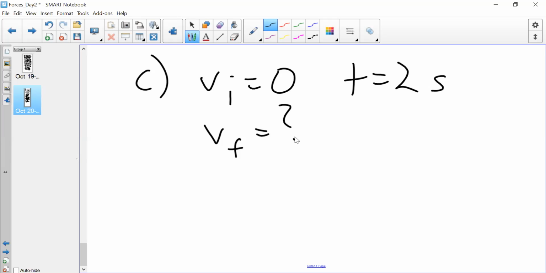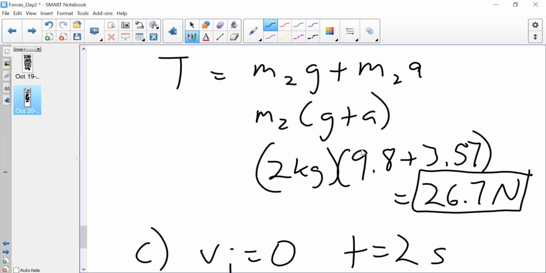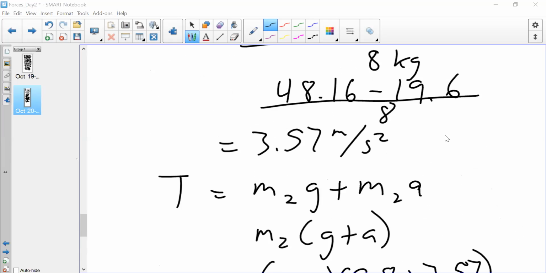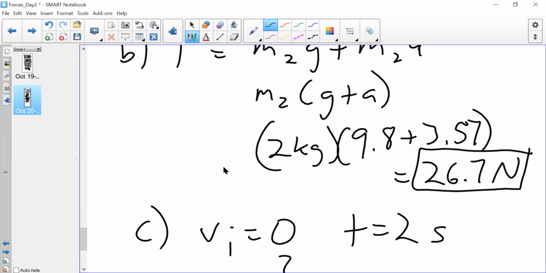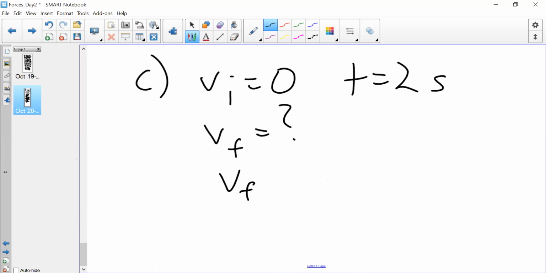Can I see the equations, Mr. Kelly? Well, you have them in your textbook and your notes. You're correct, Nicole. So that's E. We use this one, it's the most useful.